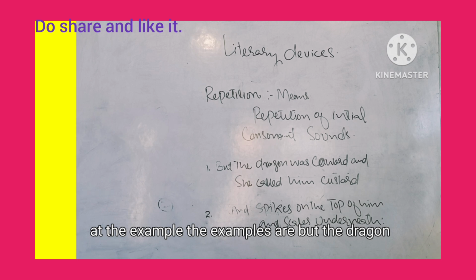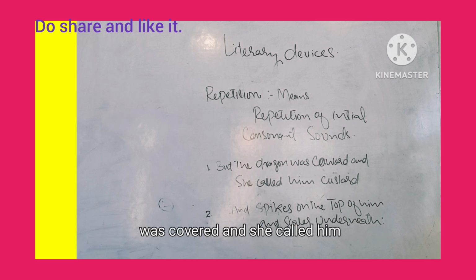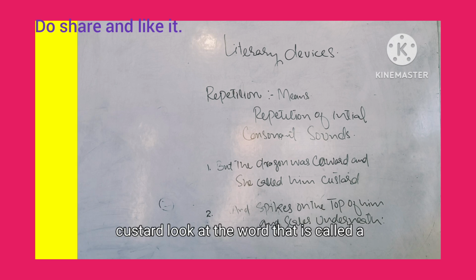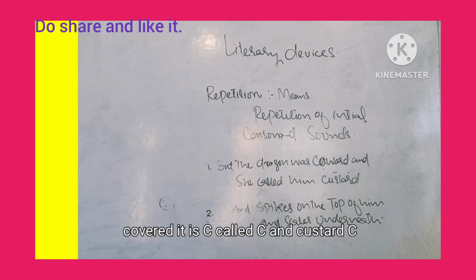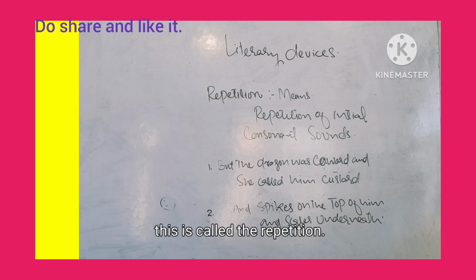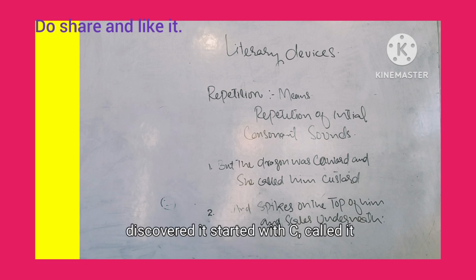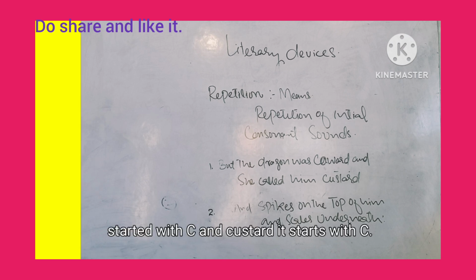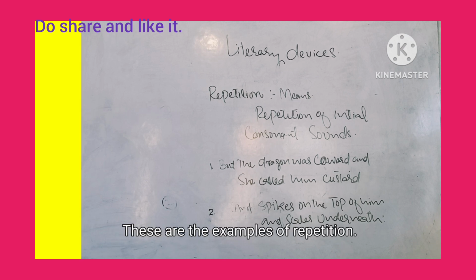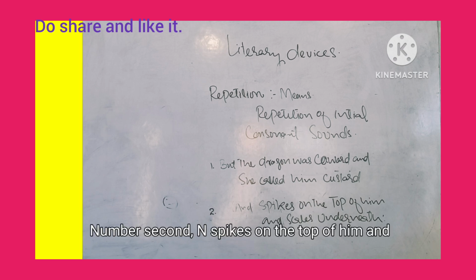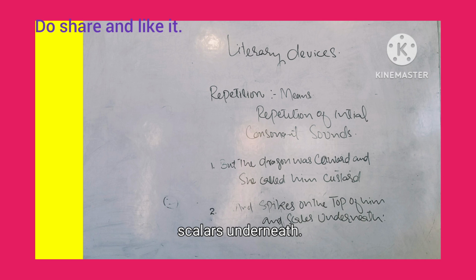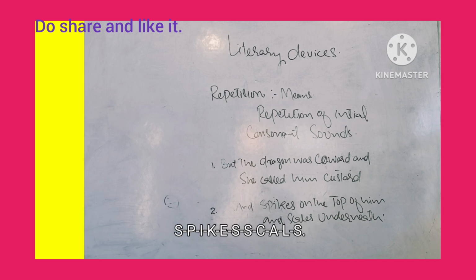Look at the words covered, called and custard, each starts with C. This is called repetition. Number second, spikes on the top of him and scales underneath. This is spikes and scales, S and S. It is called repetition.